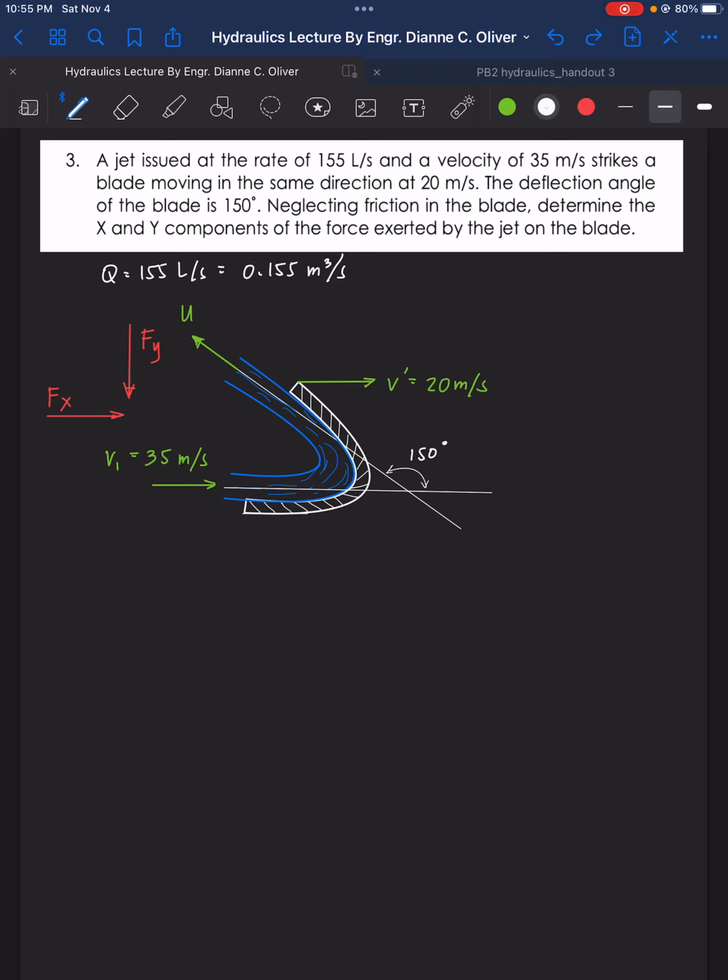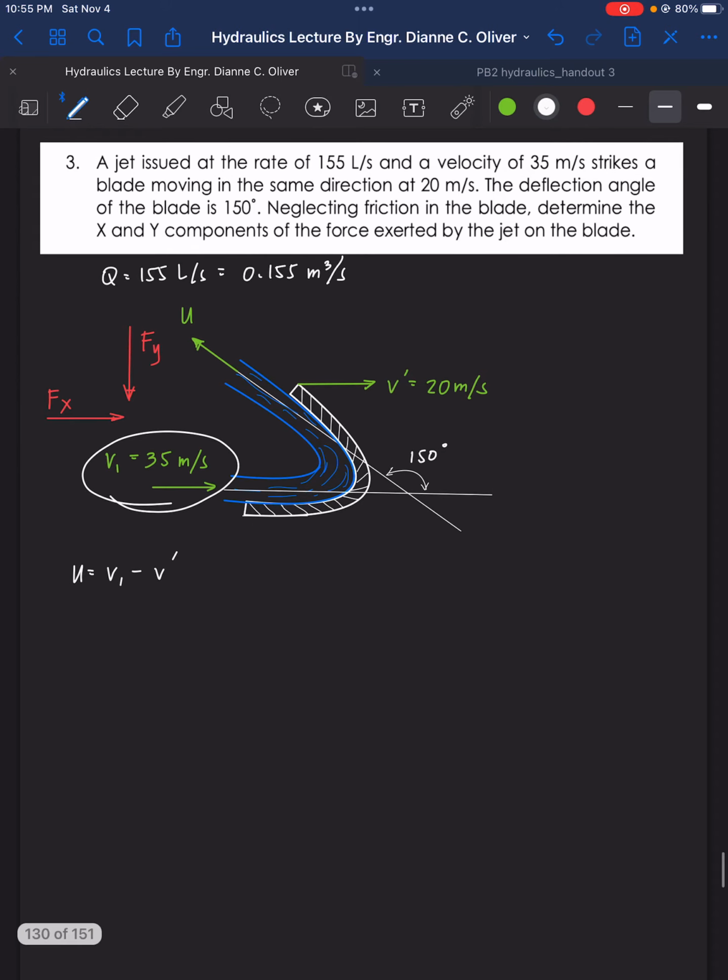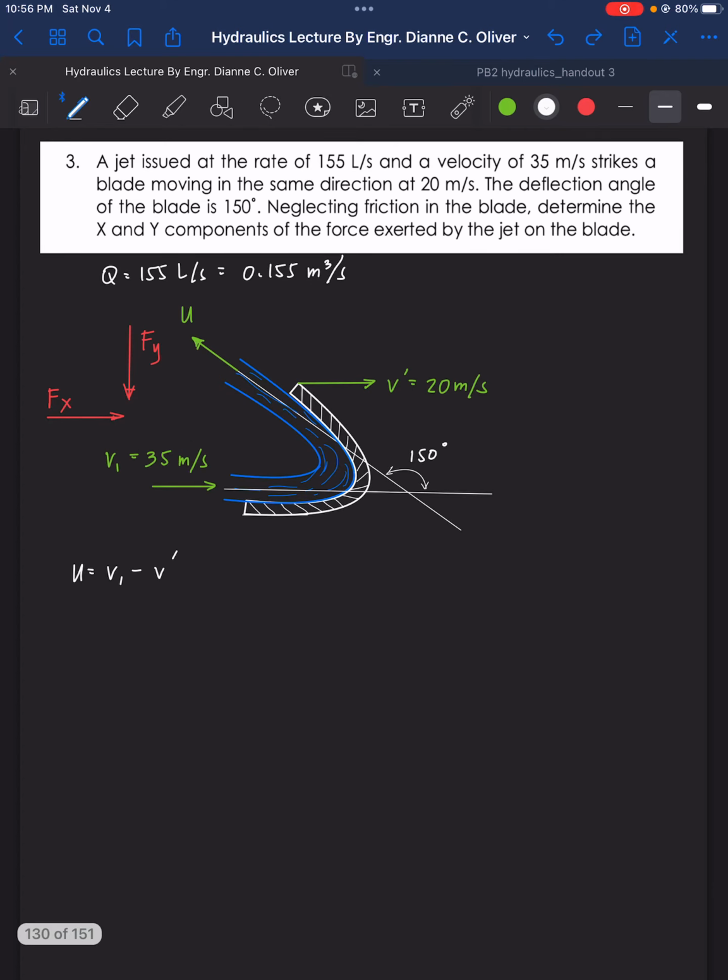So u again is equal to V1 minus the V prime because they have the same direction. You can get the clue here that in order to perform this operation, you have to make sure that V1 and V prime are both in the horizontal direction.